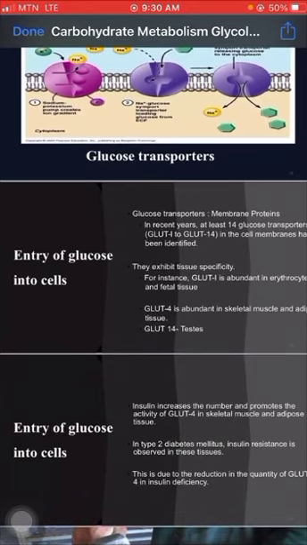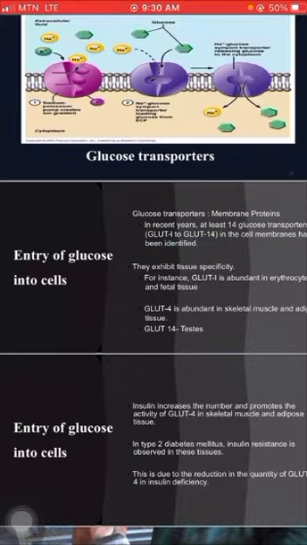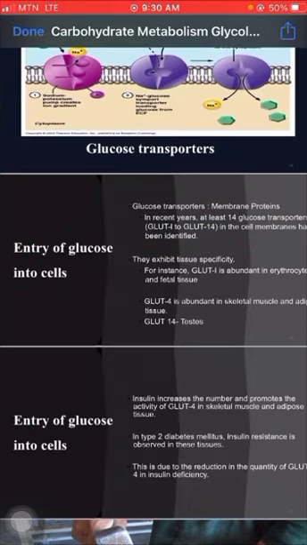We have 14 types of glucose transporters. We have glucose transporter 1 to glucose transporter 14. And these glucose transporters are tissue specific. When I say they are tissue specific, for example, glucose transporter 1 is mostly found in erythrocytes, which are our red blood cells, and in fetal tissues.